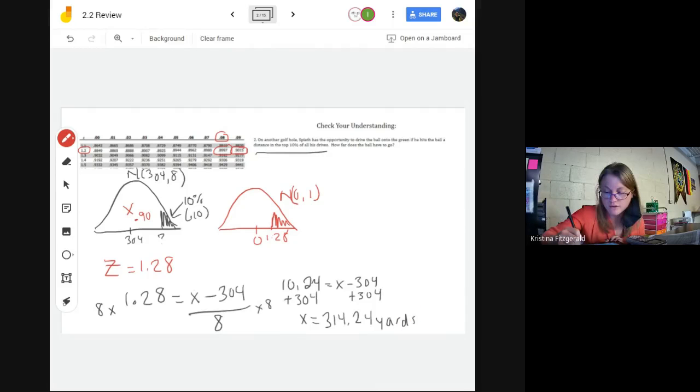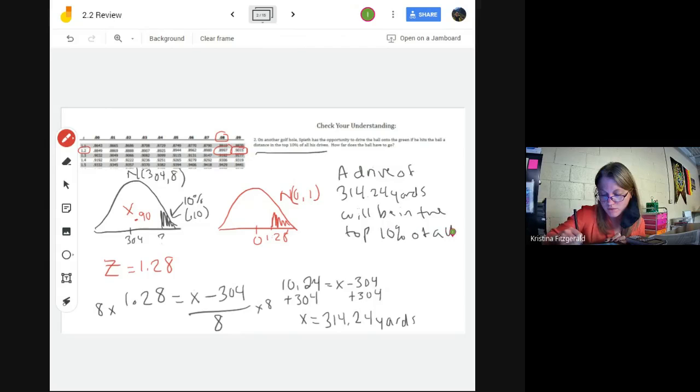So basically what we can say is a drive of 314.24 yards will be in the top 10% of all drives by species. And that's kind of the working backwards example.